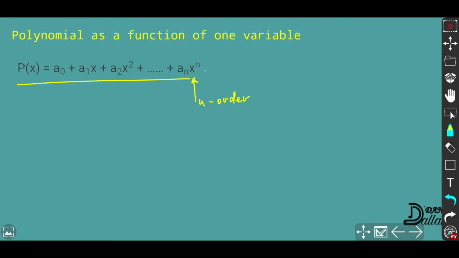You're looking for the powers. And in this general case, n will have the maximum power, okay? That's going to be the order of the polynomial. The order is sometimes called the degree of the polynomial, okay? So the maximum power. And for all other terms, as you understand, the power is dropping every time, okay?